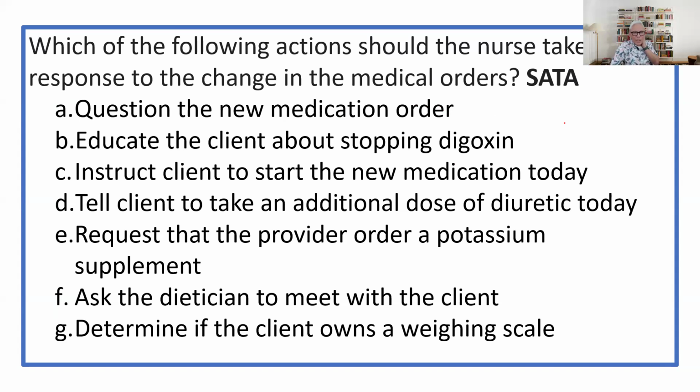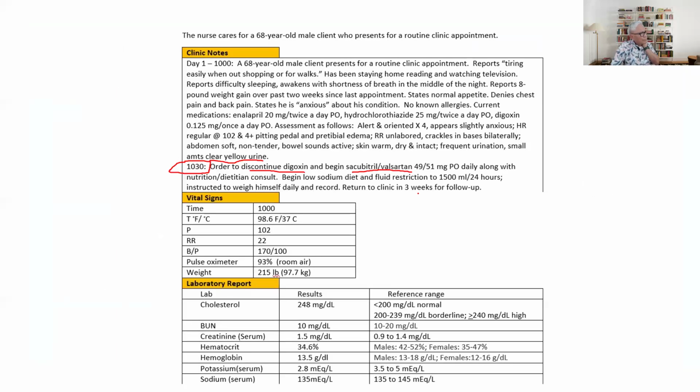Question the medication order. What is the new medication order? It was for sacubitril and valsartan. Well, you remember, let me just go back to here. The patient is already on enalapril. This is an ACE inhibitor, right? And the new order is to give valsartan, which is an angiotensin receptor blocker in combination with that other drug.